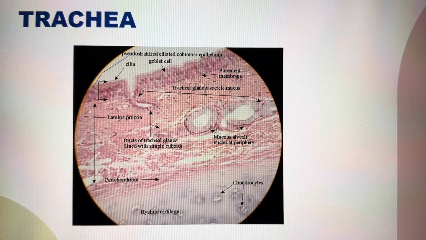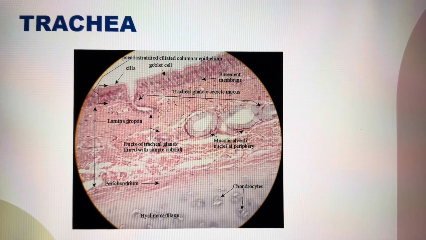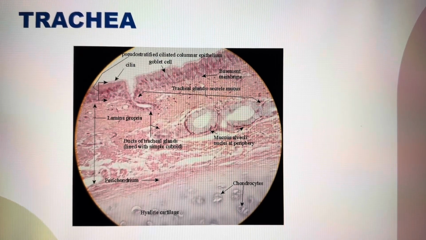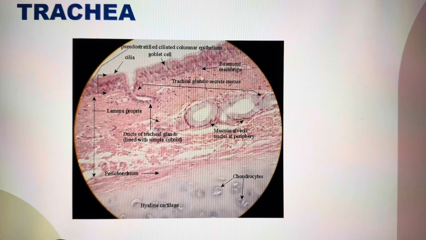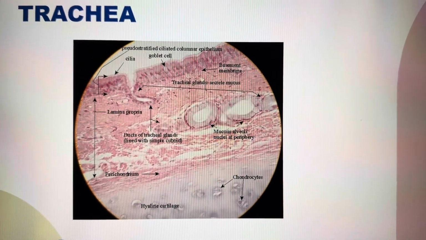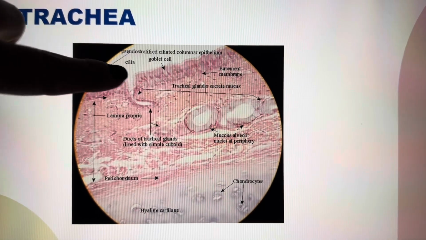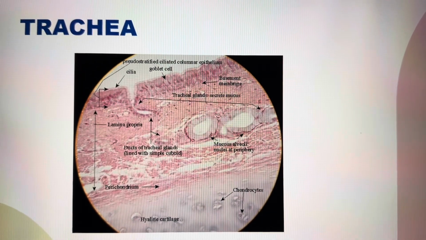With the trachea, we are supposed to know three main layers, which is the mucosa layer, submucosa layer, and then the adventitia layer. With the mucosa layer, that is going to be closest to the lumen. So if he's pointing closer to this area right here, we'll know that he is pointing to the mucosa layer.